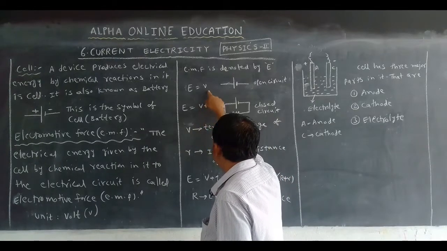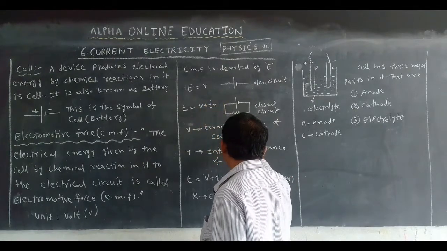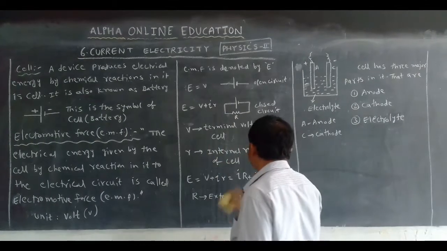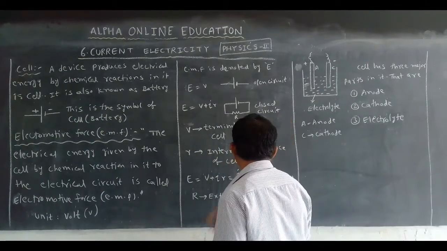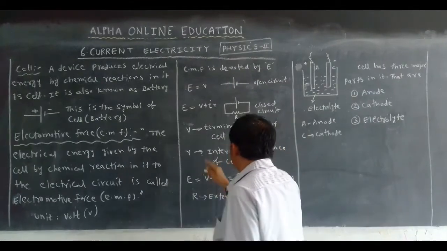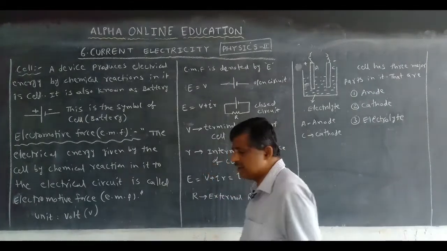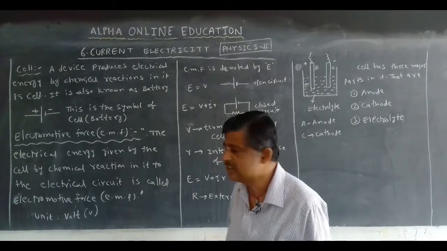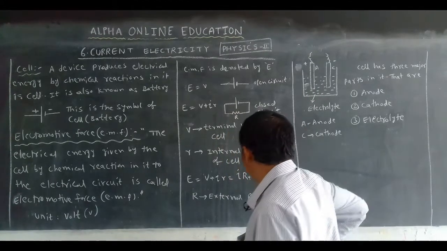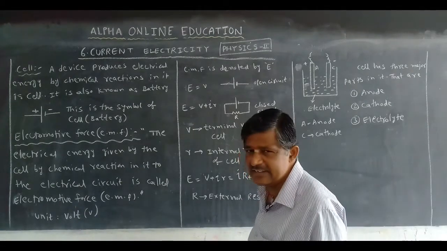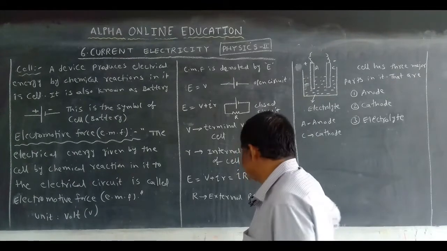Now what is V? V is called the terminal voltage of the cell. What is small r? Small r is the internal resistance of the cell.